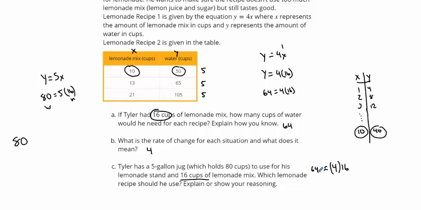So 64 cups of water and 16 cups of mix. So this together, 64 plus 16 is 80. So now we have the water and the mix together is equal to 80. So Tyler should use recipe 1 if he only has a 5-gallon jug that holds 80 cups. That's 16 cups of mix and 64 cups of water.